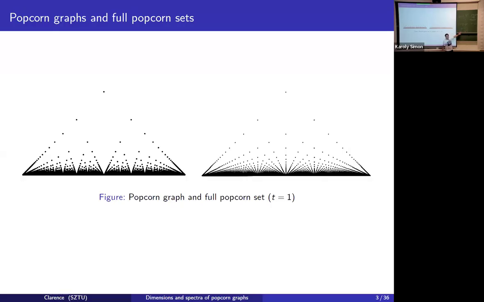But the full popcorn set contains the point a half with the value of one quarter to the power of t, since a half can be written as 2 divided by 4. So that's the main difference between the popcorn graph and the full popcorn set.